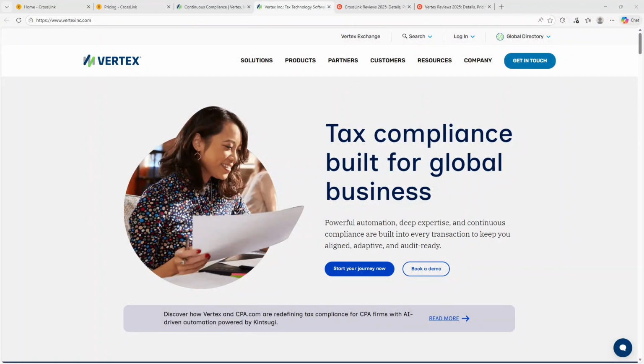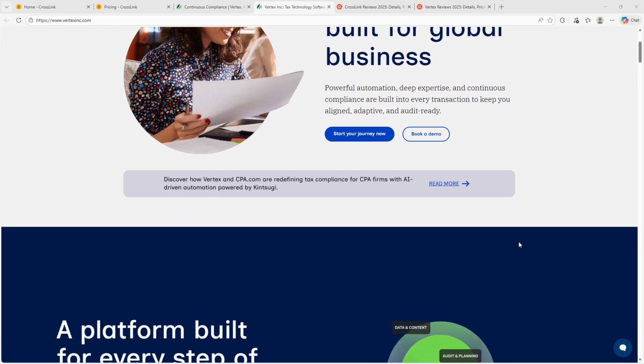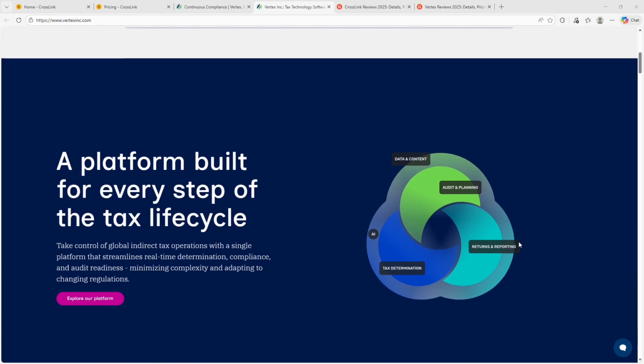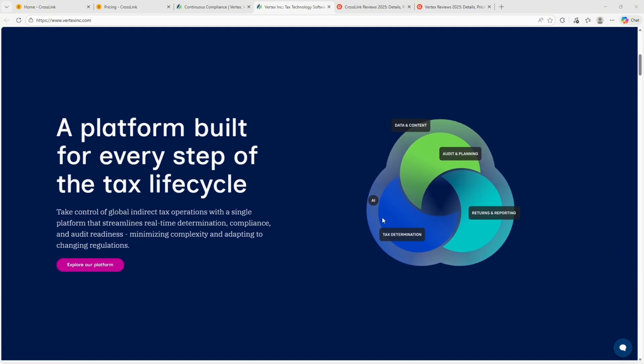Now let's shift fully into Vertex because this is where things move from tax preparation into enterprise-level tax automation. Vertex is designed to manage continuous compliance, meaning tax determination, reporting, audit readiness, and long-term regulatory control all live inside one ecosystem.